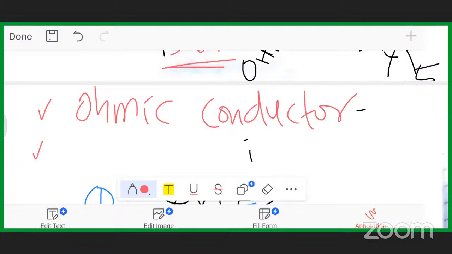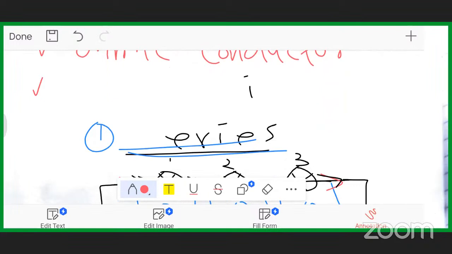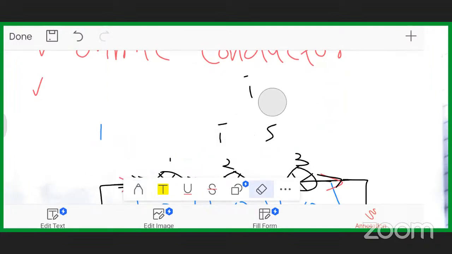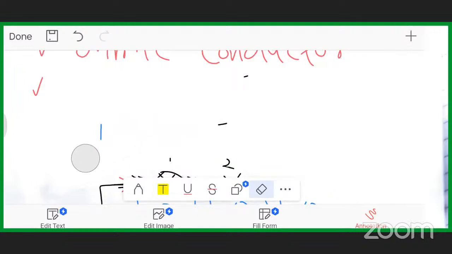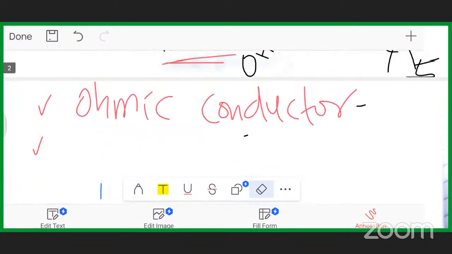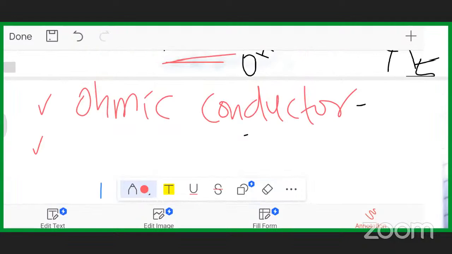And Ohm's law means that if you draw a characteristic curve, like a graph of I against V, it should always be a straight line. So their graphs will always give you a straight line like that.